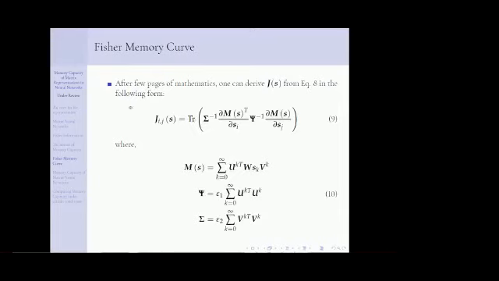After a few pages of mathematics, one can derive this form of the Fisher information matrix JS. Again, to make things clear, JS is the Fisher information contained in the current state about all the previous inputs. So this is the closed form of this matrix.